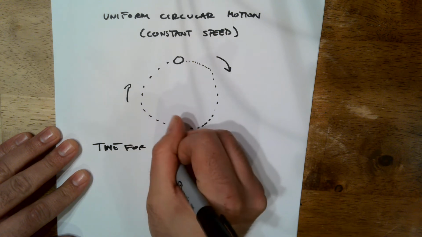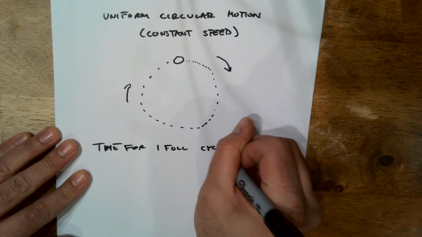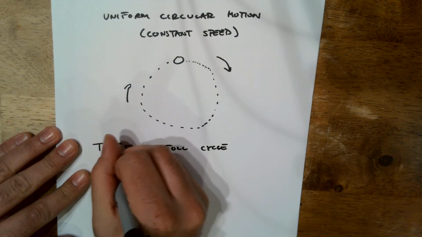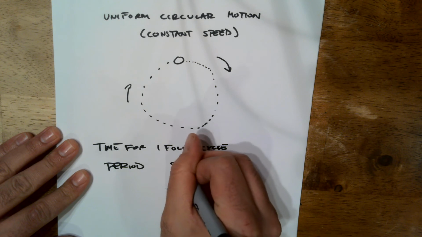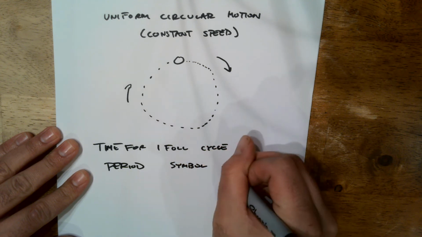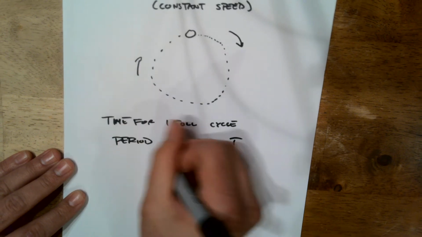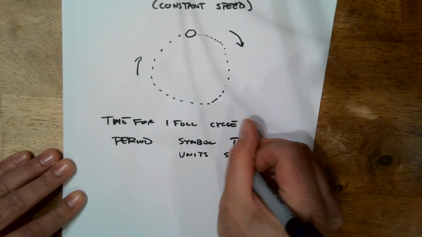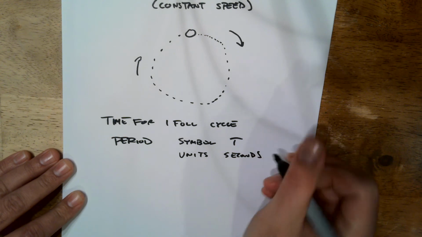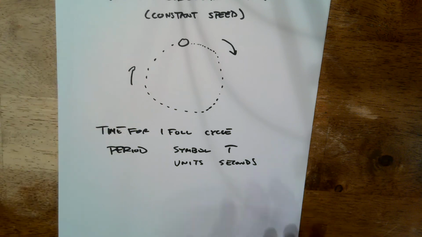So the time for one full rotation or one full cycle, that's called the period, and its symbol is capital T. It's best measured in seconds. So it's one way to describe how fast something is moving in a circle.